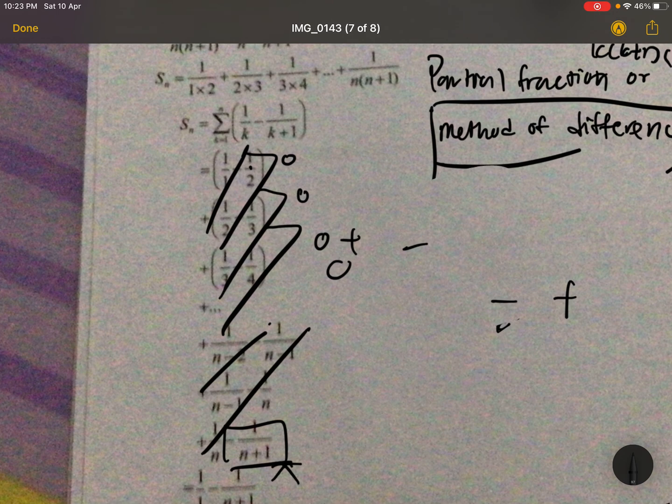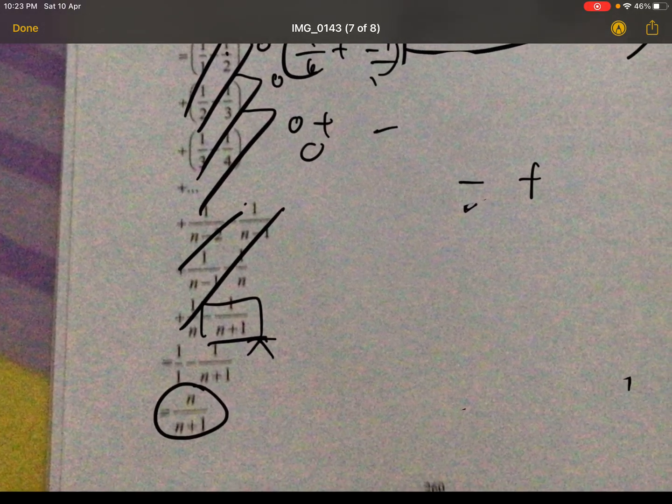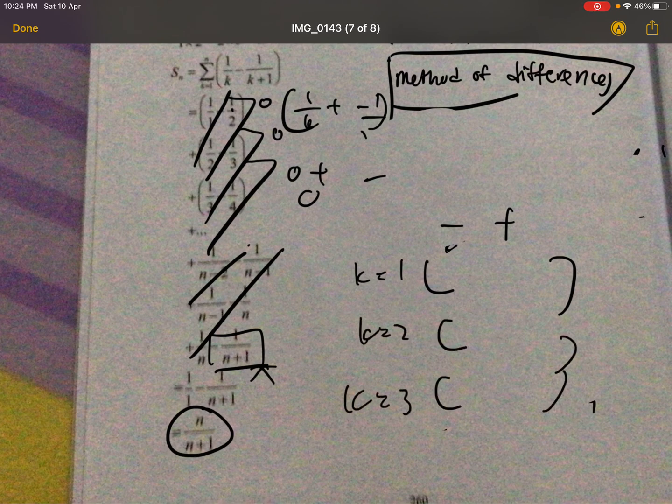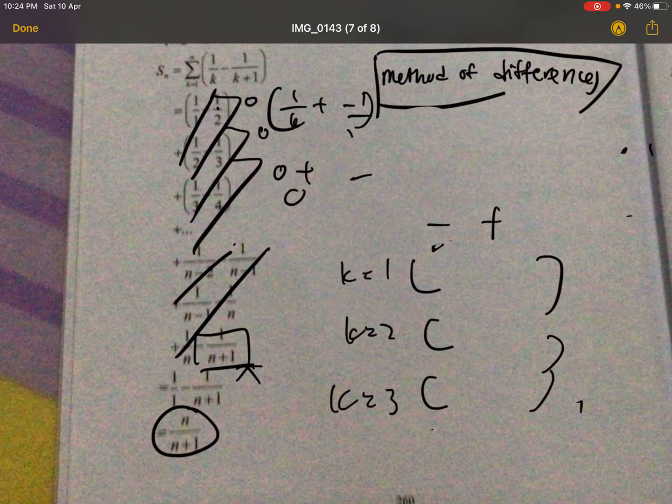So yeah, the main tip here is when there are 3 terms, it will be like plus and then minus, like that. What you do is you let k equal 1 and write those down, k equals 2, write those down, k equals 3, write those down, and so on.